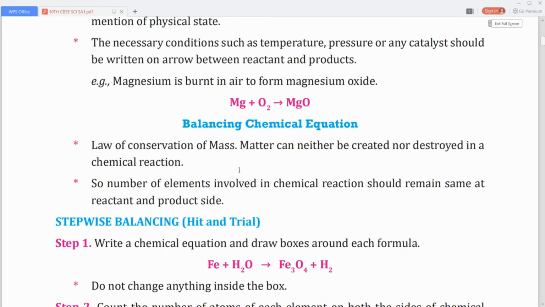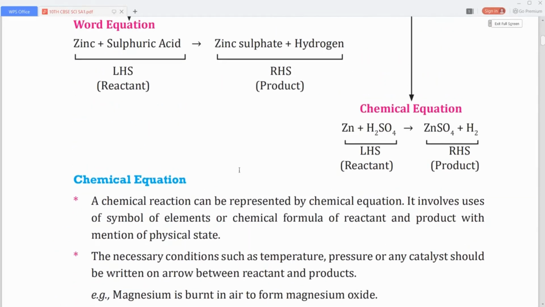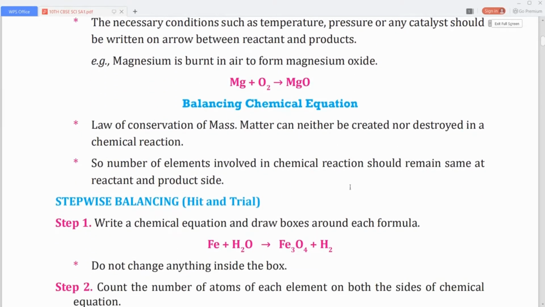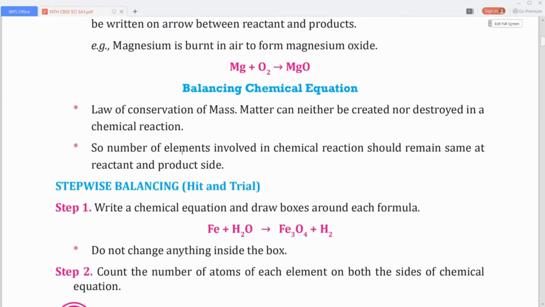So the mass on the left hand side is equal to the mass on the right hand side. If you see the example here, Zn plus H2SO4, the mass of the reactants must be equal to the mass of the products. So we have to balance the chemical reaction.